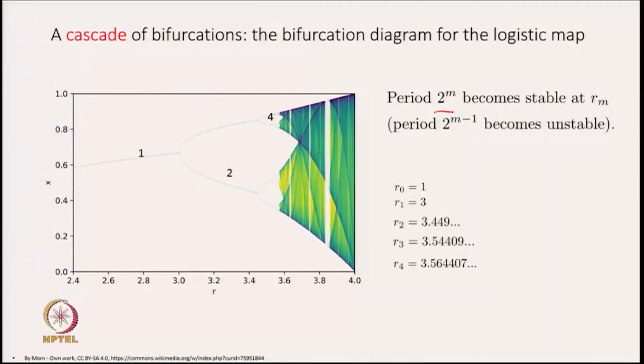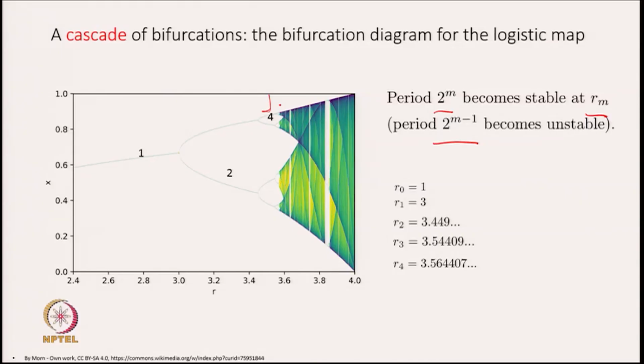The period 2 to the m orbit becomes stable at r sub m. When period 2 to the m becomes stable, period 2 to the m minus 1 necessarily becomes unstable. So period 1 became unstable, 2 was stable, 2 becomes unstable, 4 is stable, 4 becomes unstable, 8 is stable, and so on and so forth.